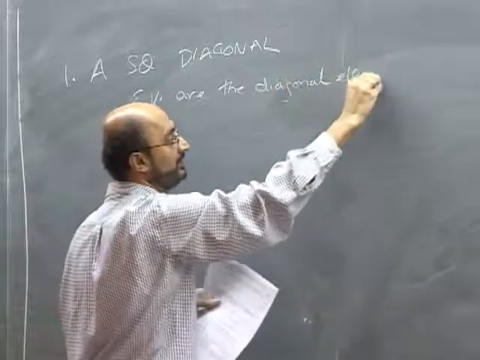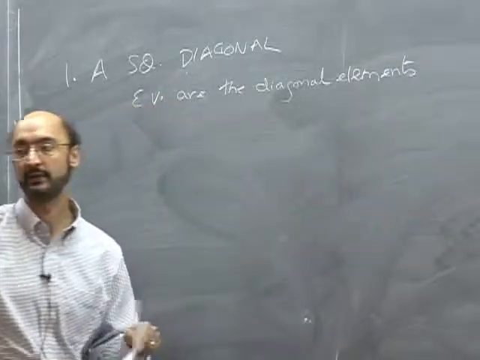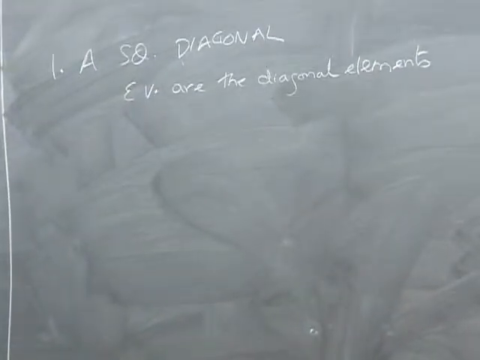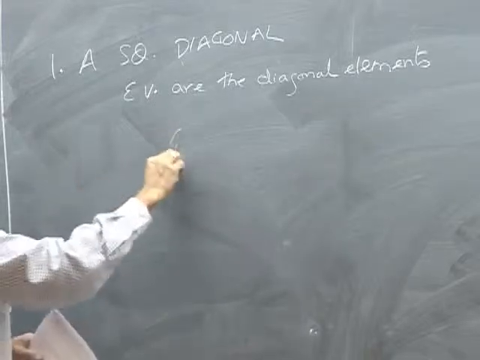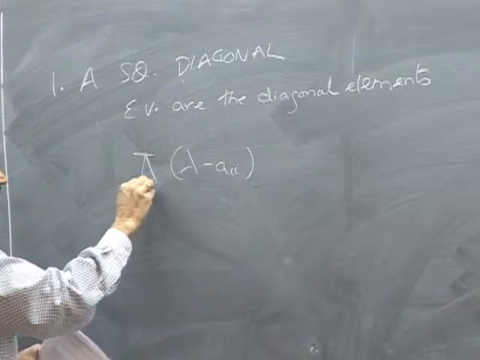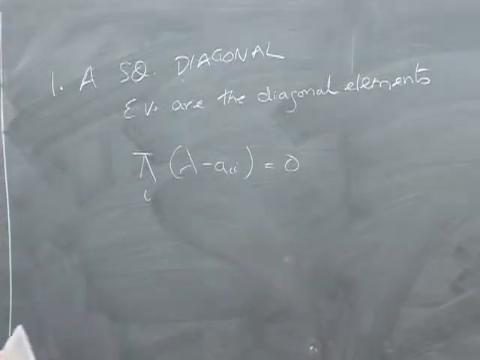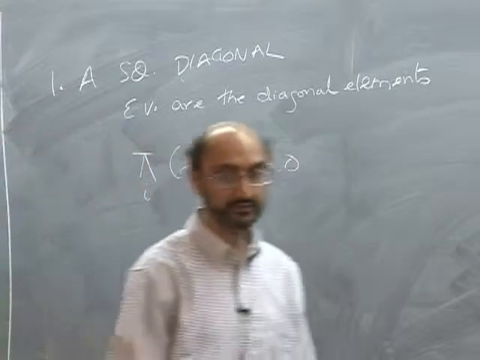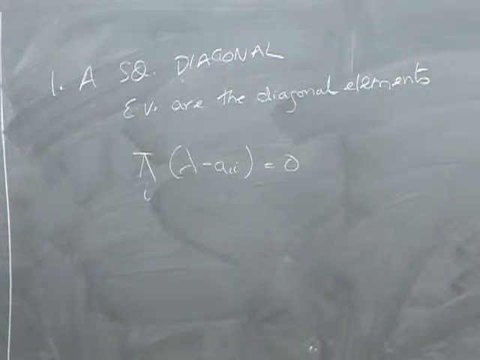This comes simply from the expansion of the determinant. When you solve the characteristic equation, you're going to have terms of the form lambda minus a_ii equals 0. That's the characteristic equation, so you can read it off directly. That's why we like diagonal matrices. And diagonalization essentially converts any matrix A with distinct eigenvalues into this diagonal matrix. Okay, that's the first fact.